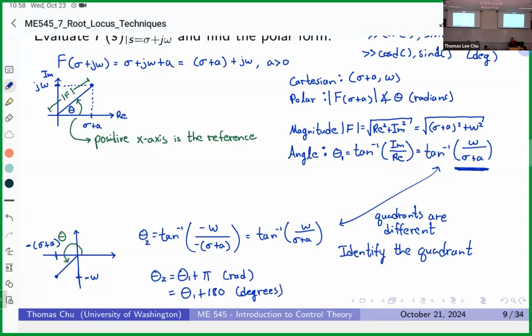So identify the quadrant that this point that's being evaluated at is in, and then that's going to be your angle. This is important because mathematically, if you plug into your calculator, you see something different from the quadrant, you usually just have to add 180 degrees or pi. Any questions?